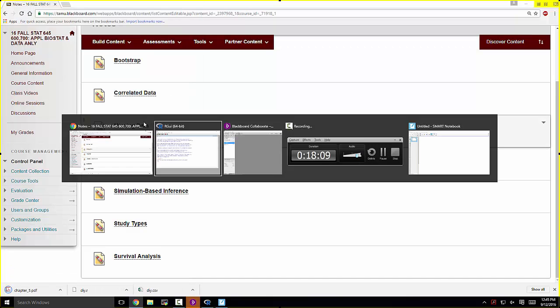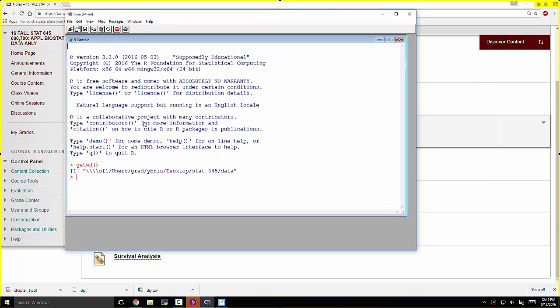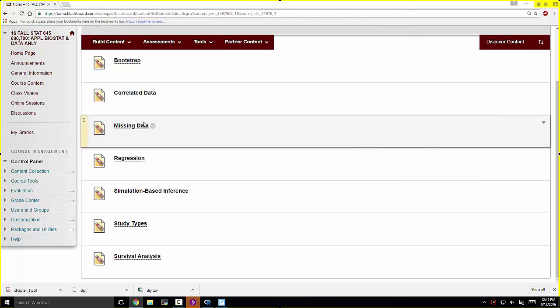The file is actually called chapter5.pdf, but it's from a different class, so it's not our chapter 5. On eCampus, it's called Simulation-Based Inference. When you download it, it'll be called chapter 5, so you could rename it if you want.